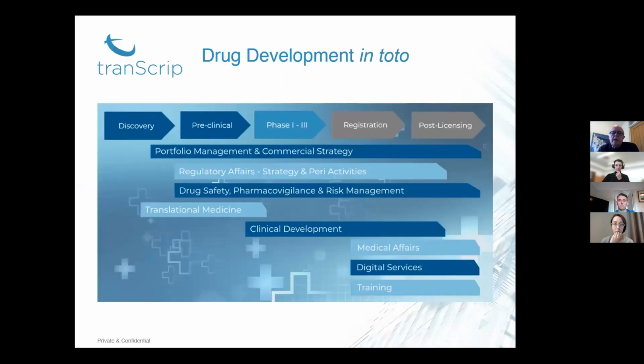So to put it in context, I wanted to remind everybody what drug development looks like in toto, and what elements sit within that area, which happen either in parallel or sequentially, but also within each of the categories, there are multiple strands which also are either in parallel or sequential. So timescales are hugely variable.